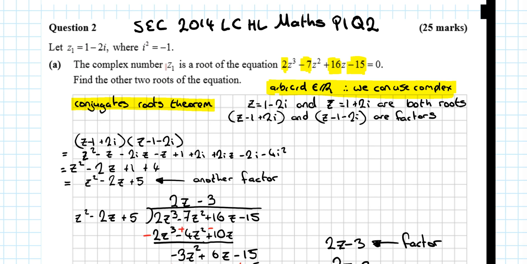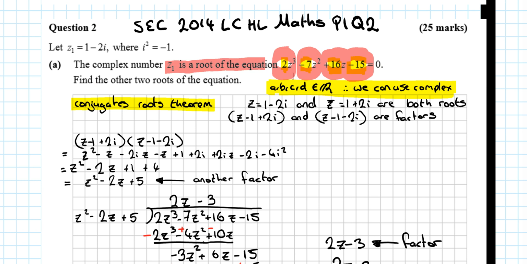Okay, so if I know z1 is a root, and I know that the coefficients and the constant at the end are real, so a, b, c, and d are elements of the real numbers, we can use the complex conjugate roots theorem.